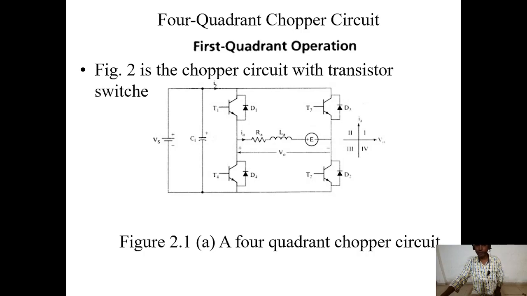When the current IA starts to decrease in the load model RA, LA and E, ultimately the voltage starts to build up in opposite nature. While the current goes on decreasing, with the help of this current IA starts to build up in the first leg sequence. Finally, it will turn on the freewheeling diode D4.